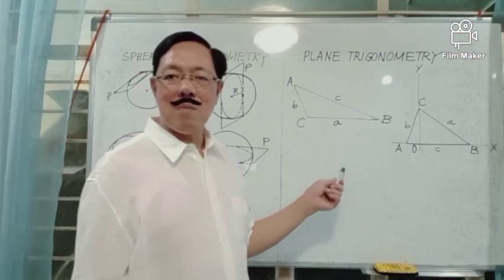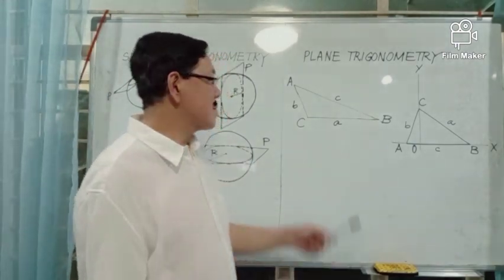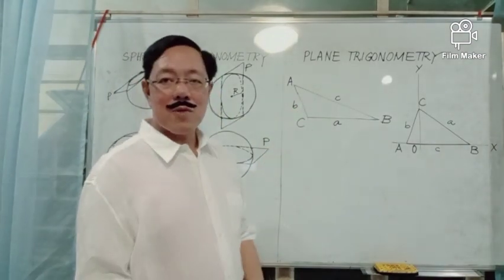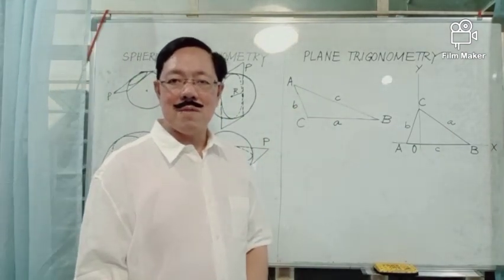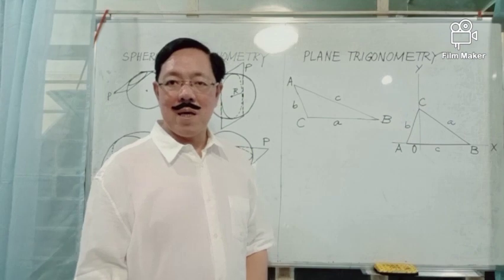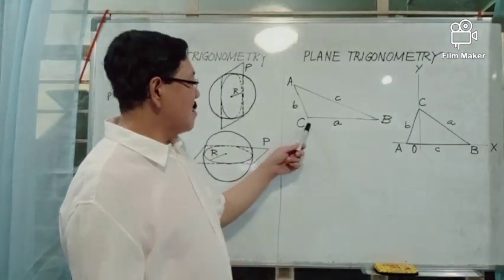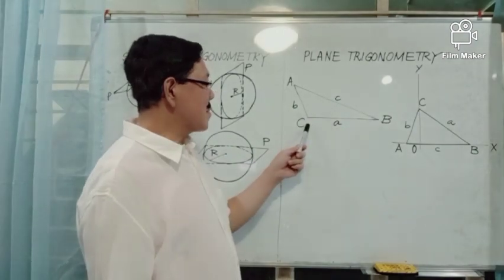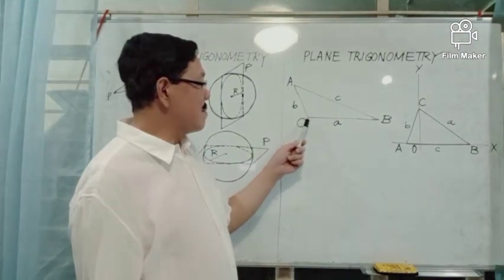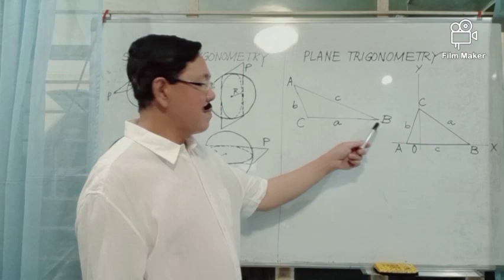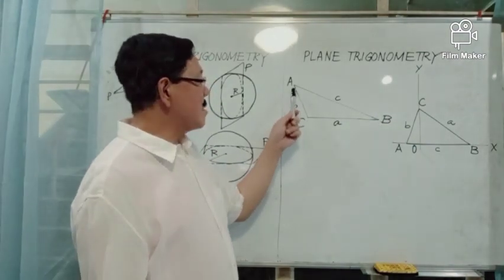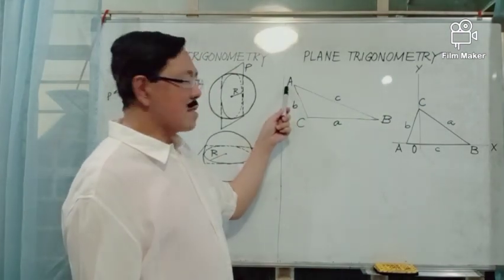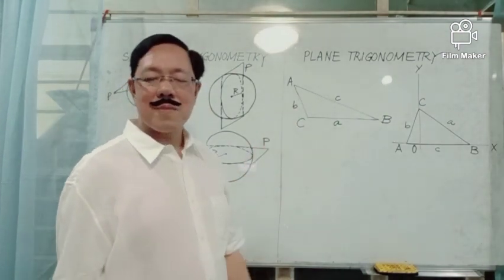In plane trigonometry, the sides are line segments. A triangle in plane trigonometry is bounded by line segments. For instance, in this triangle ABC, the sides are the line segment BC, the line segment AB, and the line segment AC.